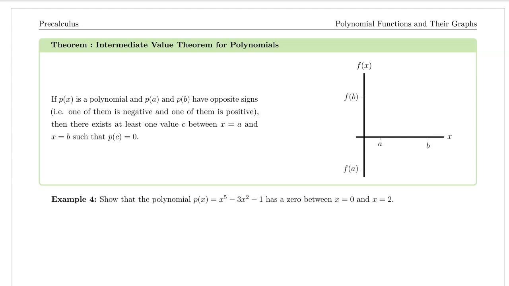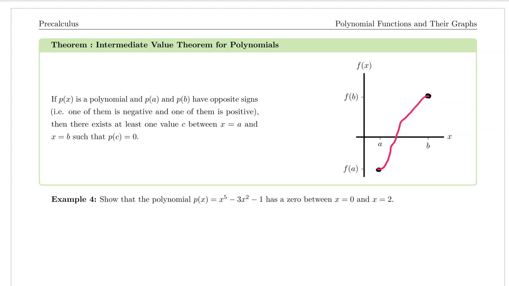So on the right here, we have a comma f of a, so that's an ordered pair here, and b comma f of b, that is an ordered pair here. Because the function that we're looking at is a polynomial, we have to connect these two ordered pairs, and because polynomials are always continuous, there's no way that we can get from one point to the other without having to cross the x-axis somewhere.